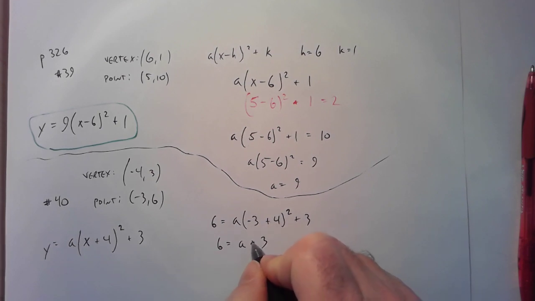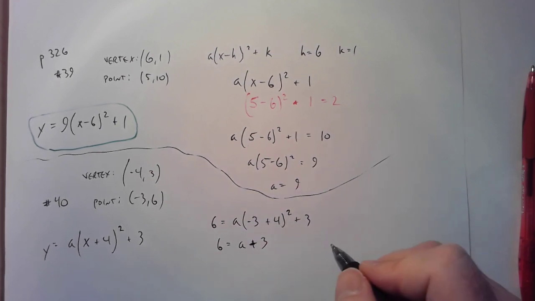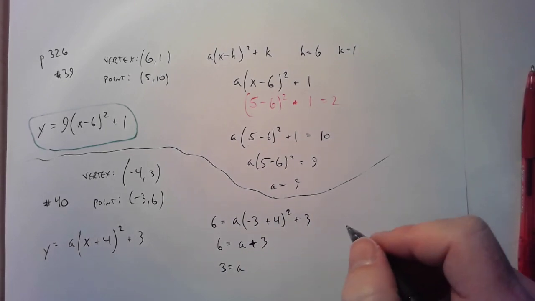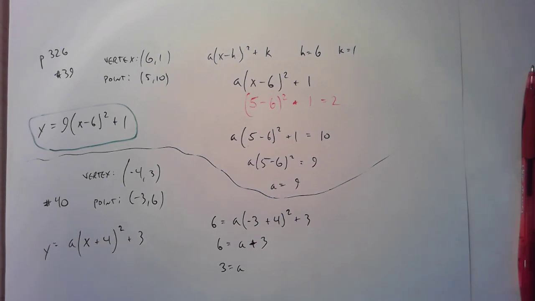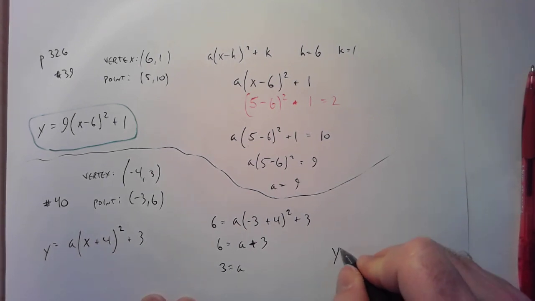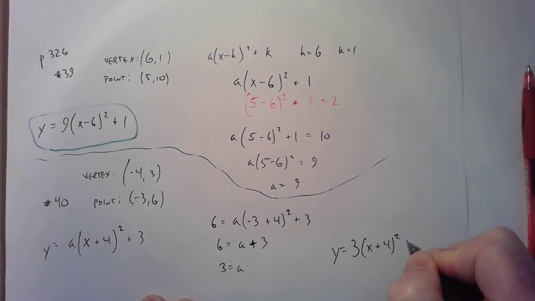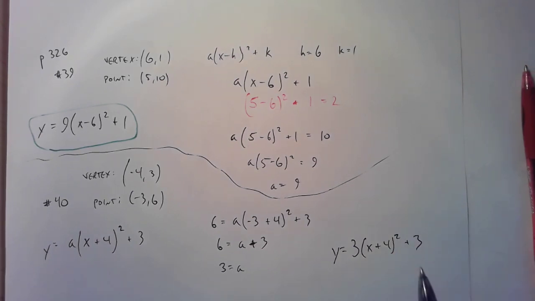See? Subtract 3 from both sides. There's your value for a. So that means that the final equation is y equals 3 of x plus 4 squared plus 3. When you put negative 3 in there, you get 6 out there.